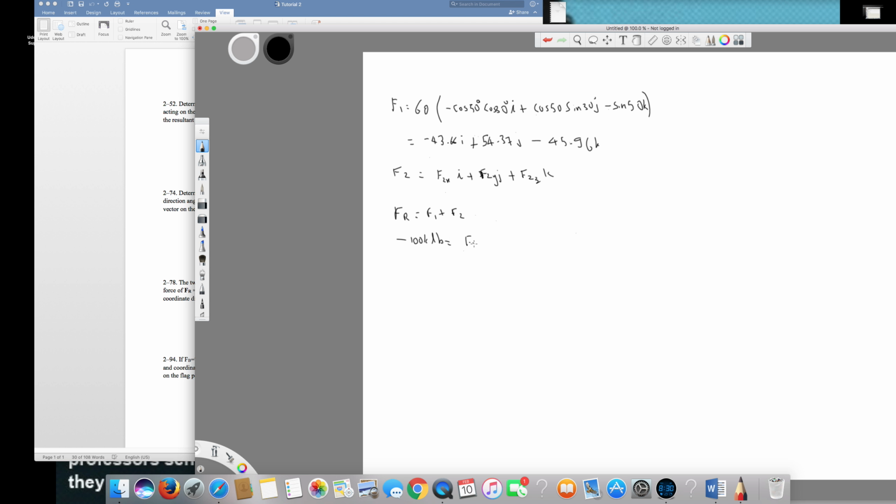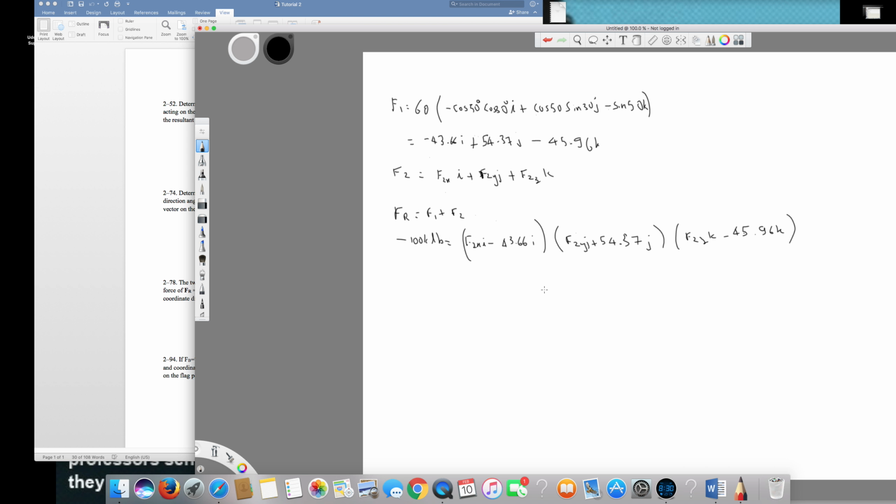So it's going to be f2x I minus 43.66 I, and f2y plus 54.37 J, and for the k component I have to subtract: f2z k minus 45.96k, and this is going to be the equation.